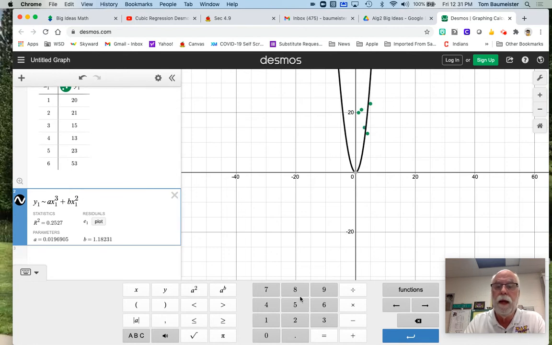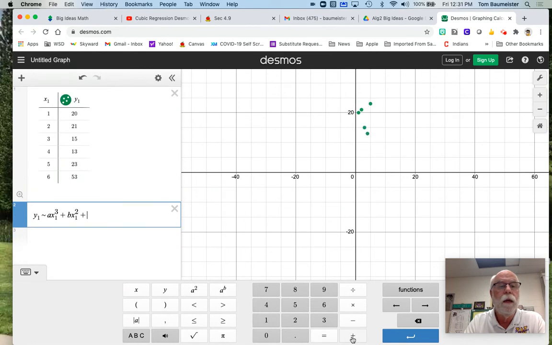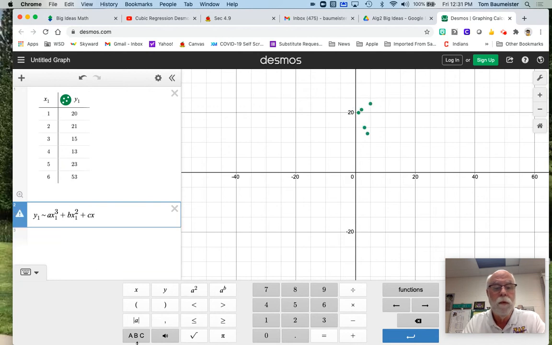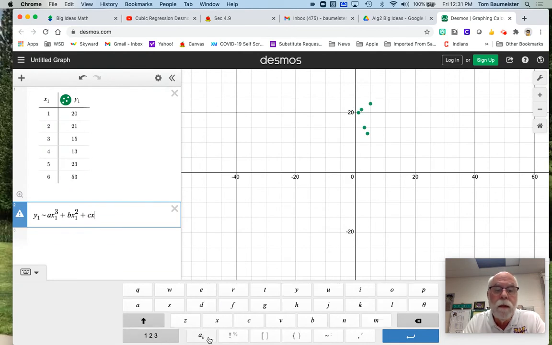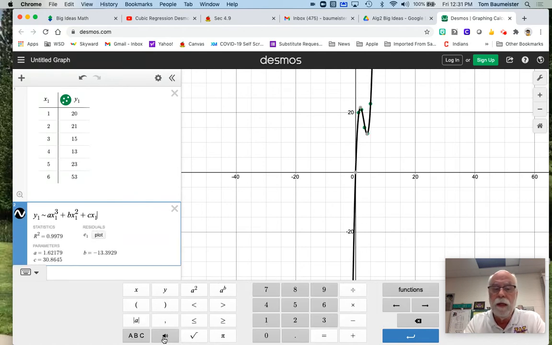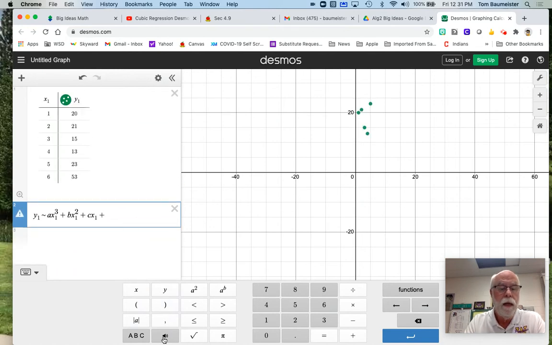And then we're going to add C, and we're going to say X. Notice this time I'm not forgetting. And then we're going to put the 1. And then we'll tab, and then we'll do plus. And we'll call it D.